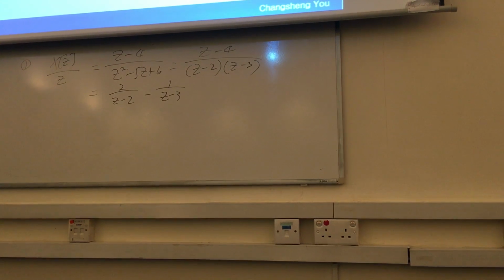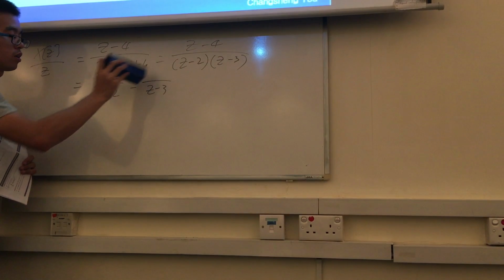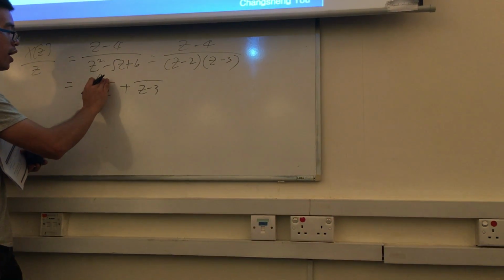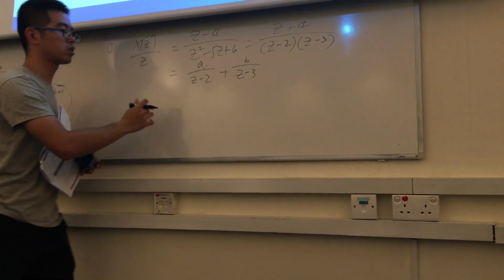So here you need to know how to calculate these two constants. For example, now you first express it by A and B, so you want to find these two constants.